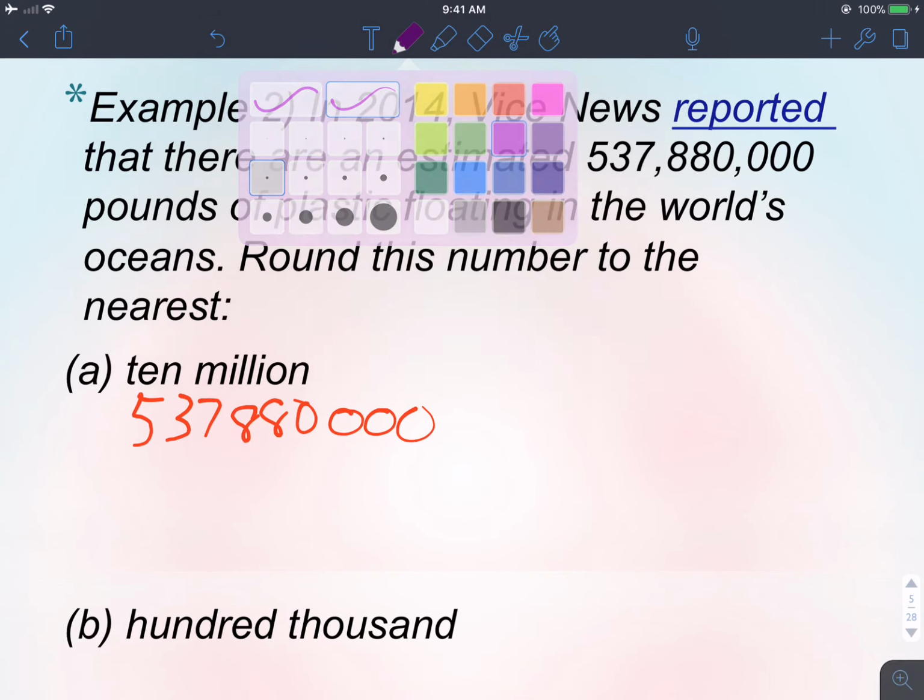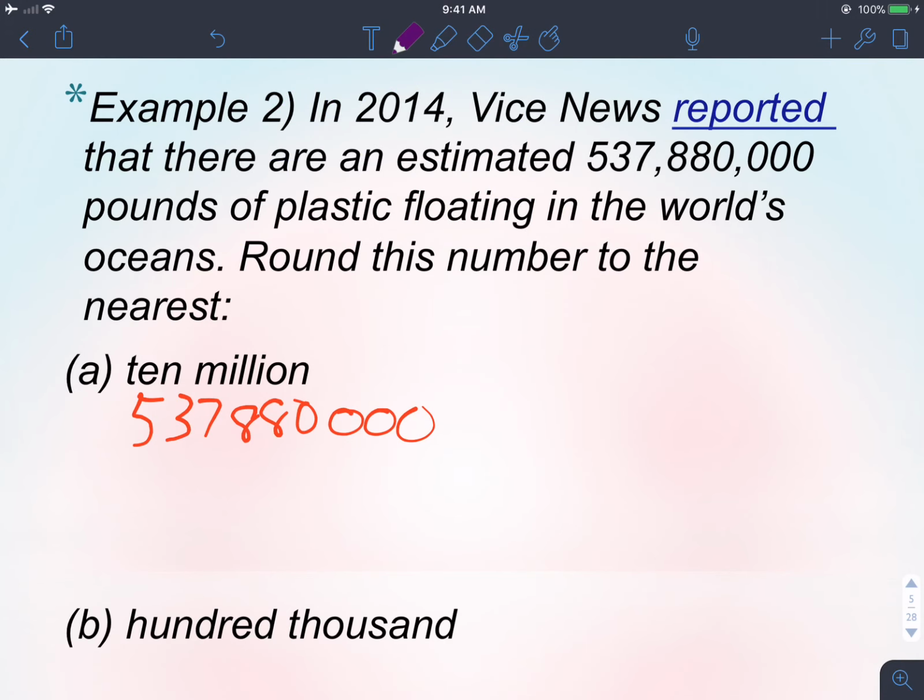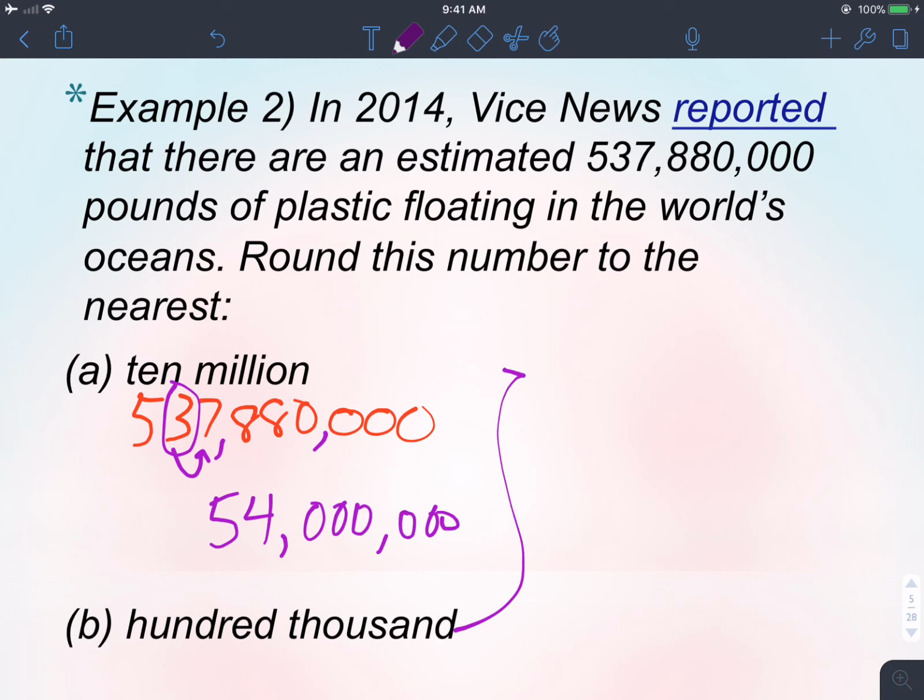The 10 million place looks like the 3. So look to the right of that. Round it up. So I think this is 54 million. Oh, look at that. Sorry about that. 540 million.